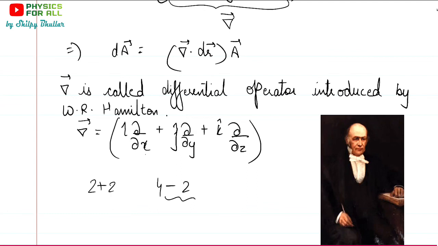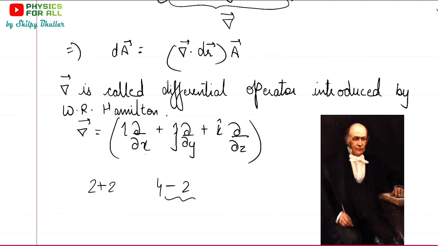It will simply do its job by differentiating that particular quantity with respect to x, y, z in one step. And as it is a vector operator, it can have a scalar product or vector product with other vectors. That means it can have a dot product or cross product with another vector, no problem, because to find a scalar product or vector product, we need vectors.